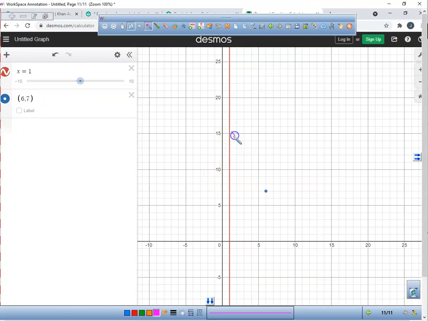Well, I know where my vertex is going to be. If this is at x equals 1, and this right here is at a 6 and a 7, what's perfectly between a 1 and a 6? Like 3 and a half, right? 1 plus 6 divided by 2 is 7 over 2.